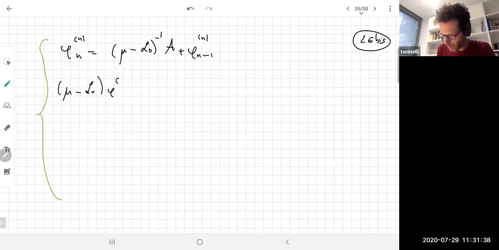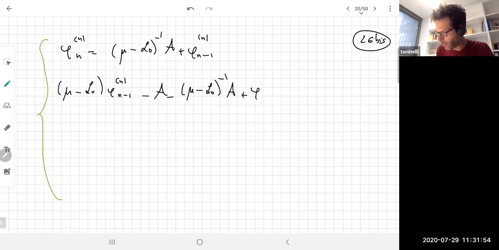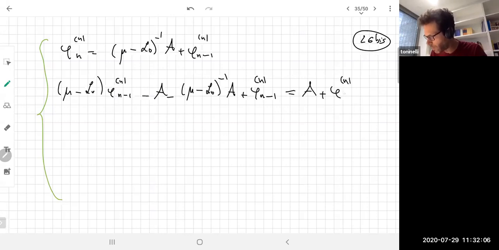You get this. The second equation is this: a minus, now there is a minus, times phi n, which you have just computed. So you get this mu minus L0 inverse a plus phi n minus 1, where phi n minus 1 is the one for which we are trying to solve. And then equals, on the right-hand side, you get a plus phi n minus 2. So if you solve this, it just gives you that phi n minus 1 is what?